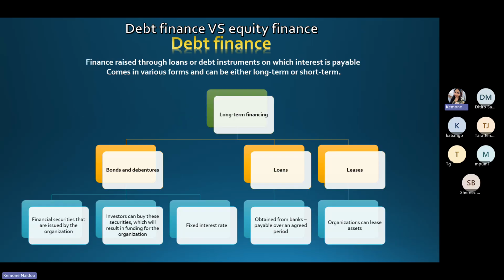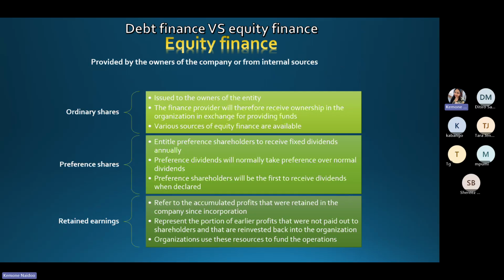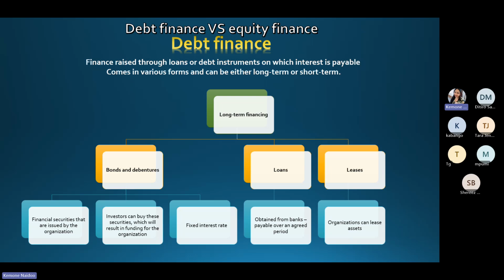And then debt finance. The previous ones were equity finance, which deals with shares. Remember, equity deals with shares. When we go into debt finance, this is looking at loans. It's mostly looking at loans, at obtaining money through other financial markets.